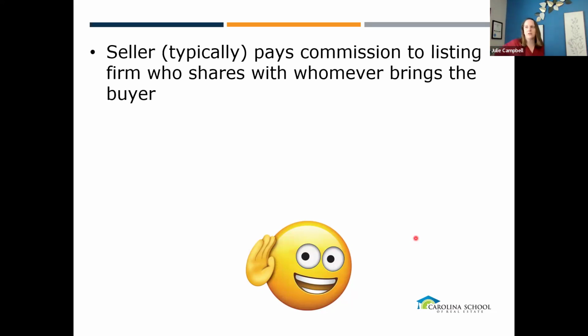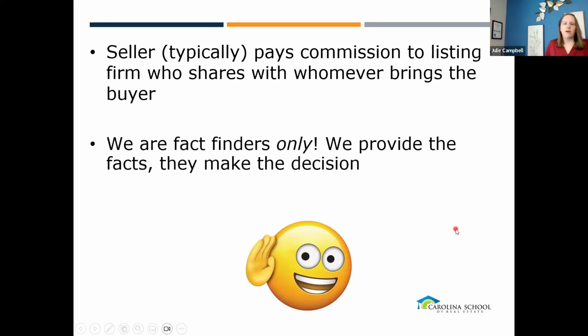We'll see that verbiage. And as we've been saying, we are fact finders. I help gather the facts so they can make an informed decision. I'm not the one buying this house. I'm not the one taking on a 30-year mortgage with BB&T. Is everybody with me? All I can do is give you that information, help you gather that information, in that case, the buyer, so the buyer can make an informed decision.